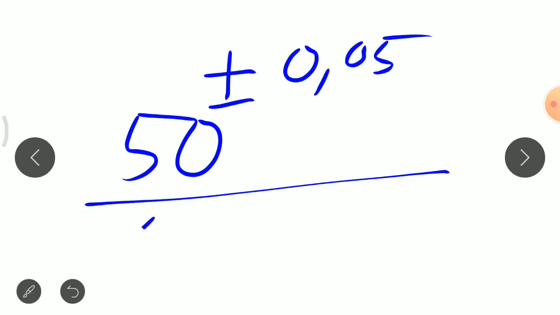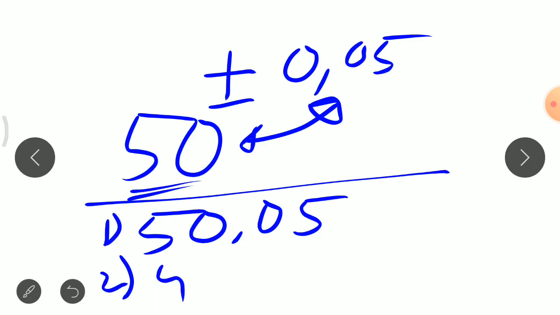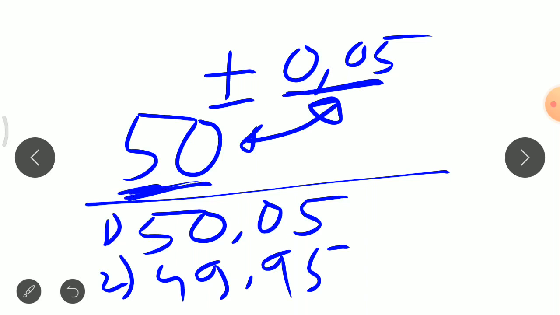Then we get the first value as 50.05, that is, you simply add this value to the basic size. This is our basic size, and the second value becomes 49.95. What you have to do is subtract 0.05 from the basic size.